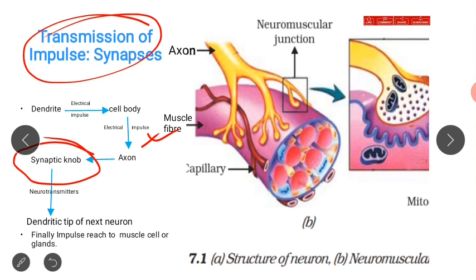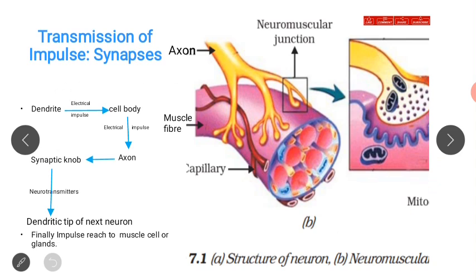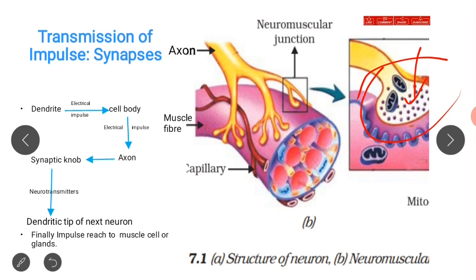Synaptic knob has some vesicles inside it. These vesicles are filled with some chemical substances. These are called neurotransmitters, like acetylcholine.